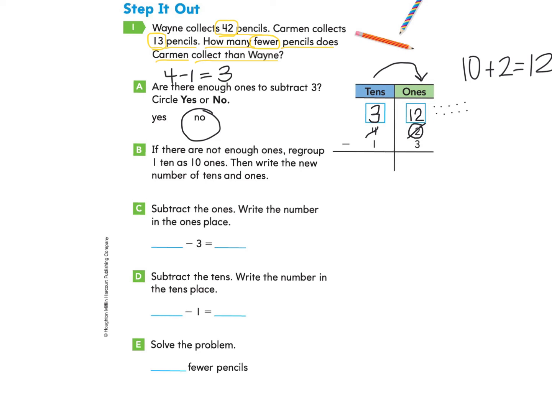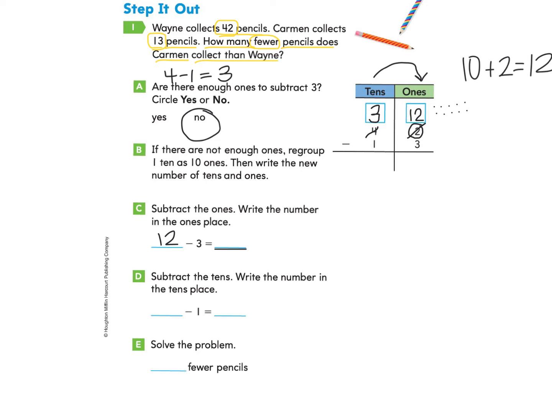Okay, let's take a look at part C. Subtract the ones. Write the number in the ones place. So now we have 12, take away 3. So let's write that down. 12, take away 3, and then we're looking for the answer. Maybe you want to pause and try this on your own. You can do that.